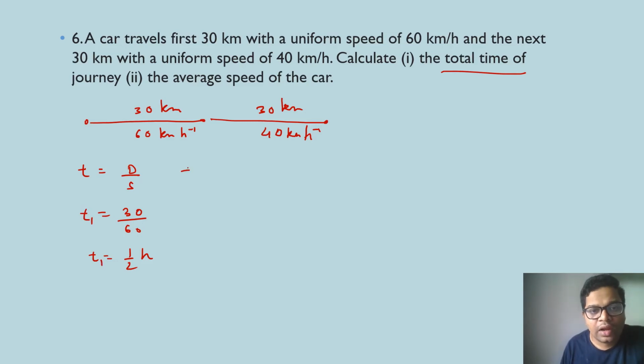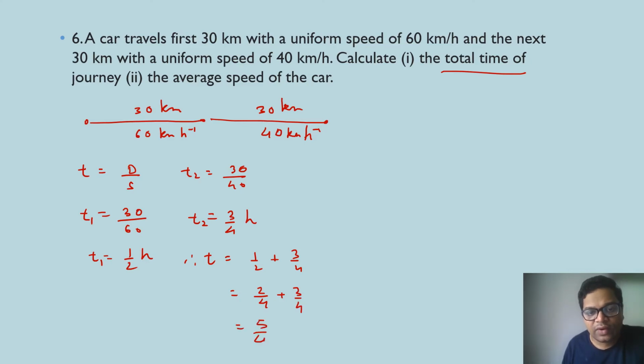Okay, and the second time interval again 30 by 40, so that is 3 by 4 hour, and therefore the total time is 1 by 2 plus 3 by 4, that is 2 by 4 plus 3 by 4, that is 5 by 4, which will be 1.25 hours. So the first answer is 1.25 hours.